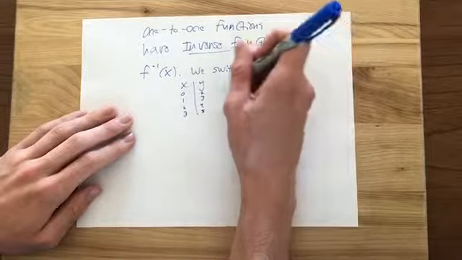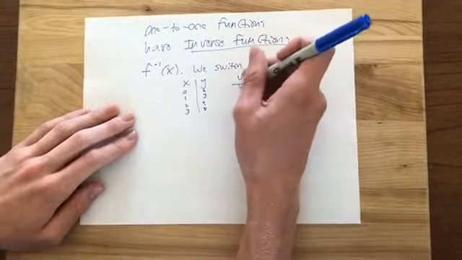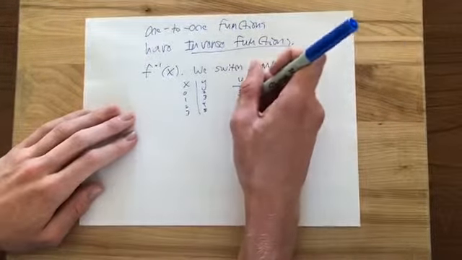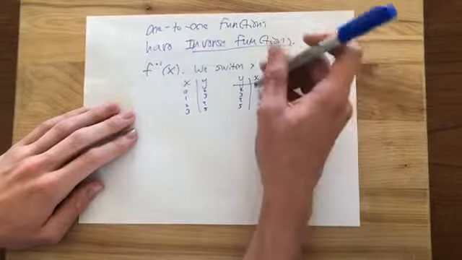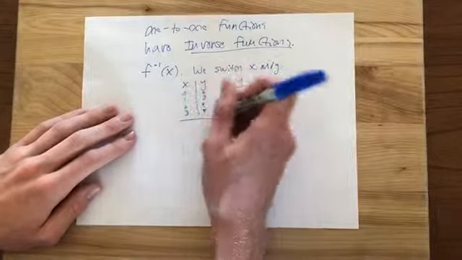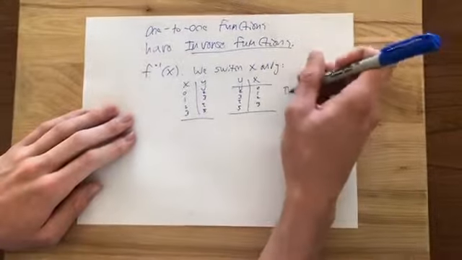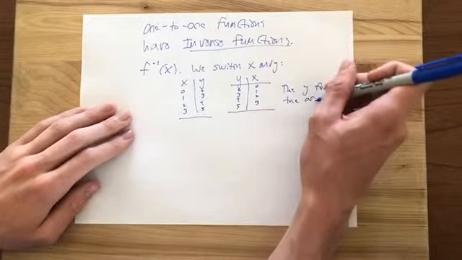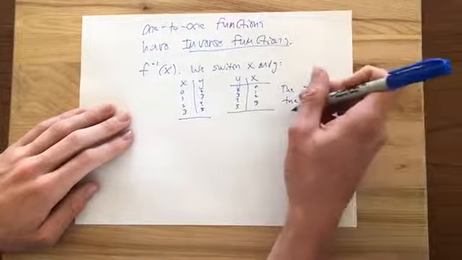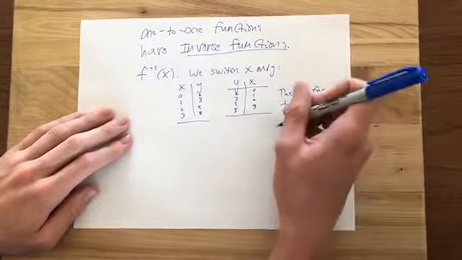But you're going to switch the x and the y for the inverse function. So it should actually say x in the left column and y in the right column. Basically, you're just taking all the x and y values and switching them for the inverse.